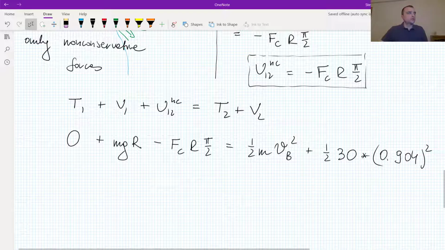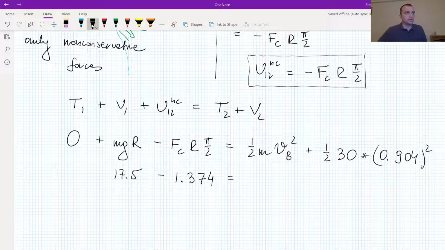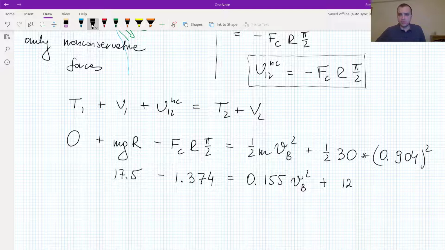Okay, let us find values for each of these expressions. I believe this is 17.5 joules. This is approximately 1.374. This is approximately 0.155 VB squared. And this is approximately 12.258 joules.